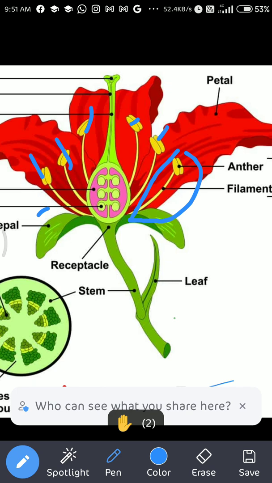Androecium is the male reproductive part of the flower. This anther and filament together are called stamen. Anther is visible in the picture, and this and the filament together are called stamen. This stamen is the male reproductive part, and another name for it is androecium.